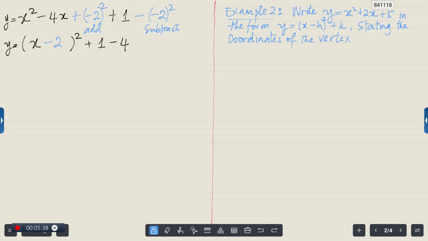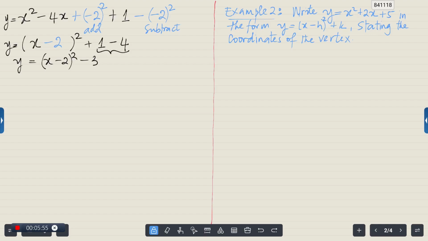So this simplifies to y equals x minus 2 all squared minus 3, because 1 minus 4 is negative 3.